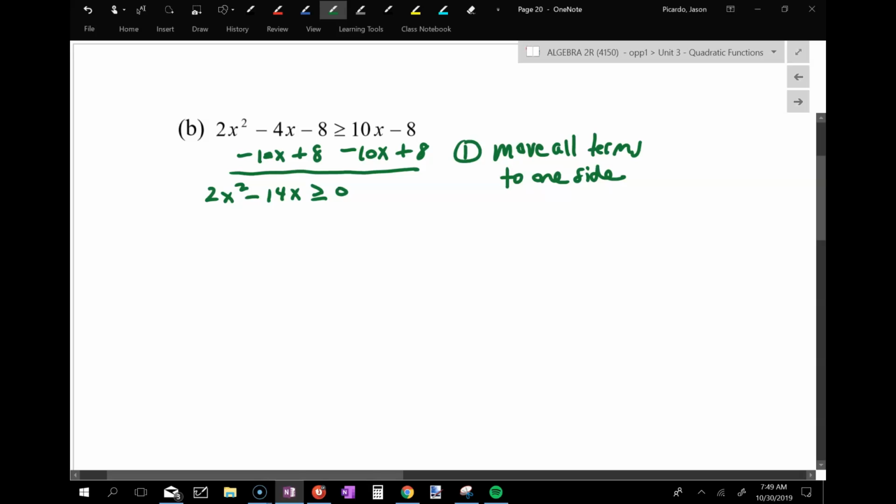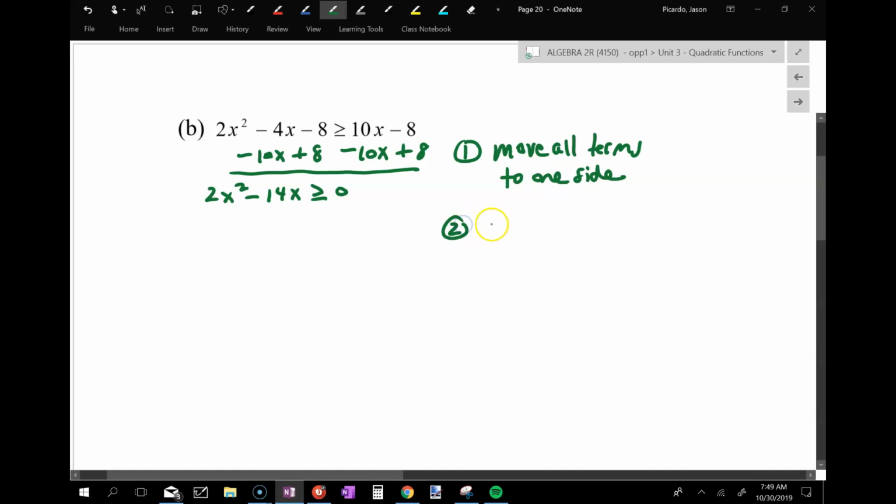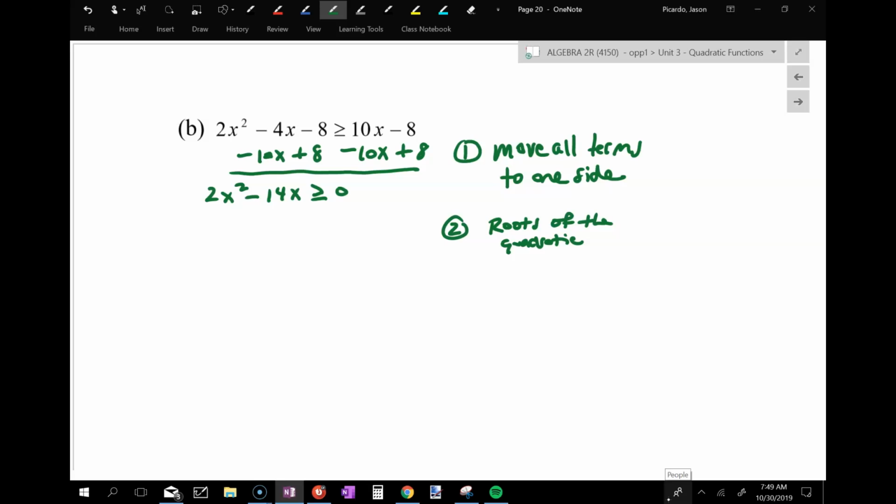Negative 8, positive 8 cancels, right? All right, move all terms to one side. Got that done. Now I want to find the roots of the quadratic. And to find roots, I got to set this guy equal to 0. So I got to change that inequality sign just for that purpose, right? Just so I can find the roots.